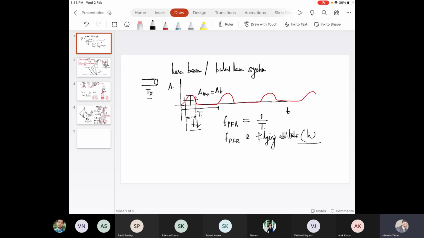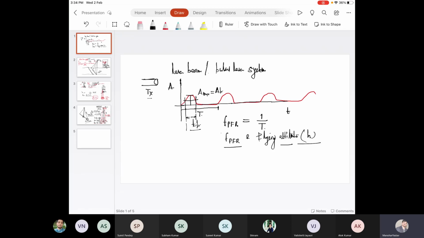Okay, so this part we are going to discuss now. And similarly, we'll have further concepts. And finally, we'll combine all the equations, all the concepts to see how these parameters are selected. Okay, so there will be a trade-off condition which will arise, and we'll see what is the optimal selection. So we'll first start with the relationship between pulse firing rate and flying altitude.